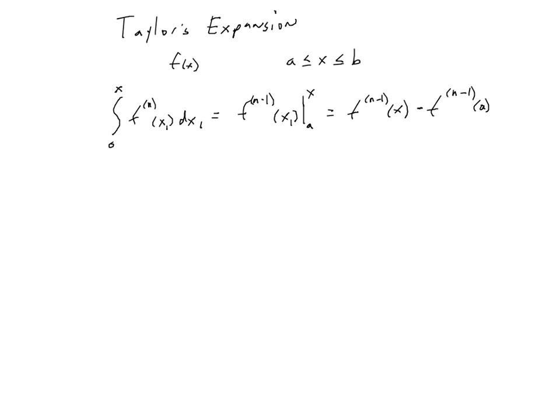So now we do the integral from a to x of the second derivative, or two integrals. So now we do integrating from a to x2 and then from a to x of the nth derivative term.